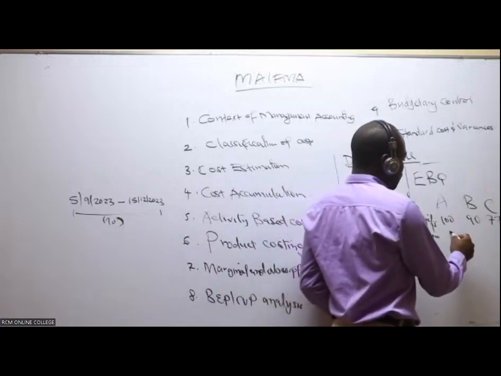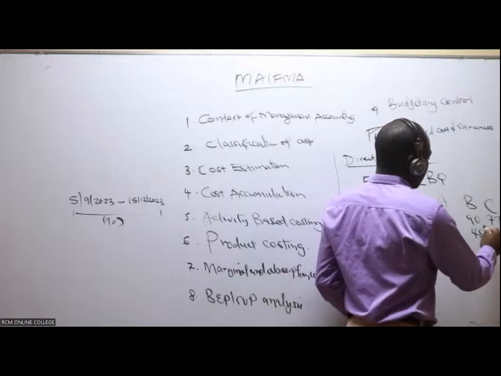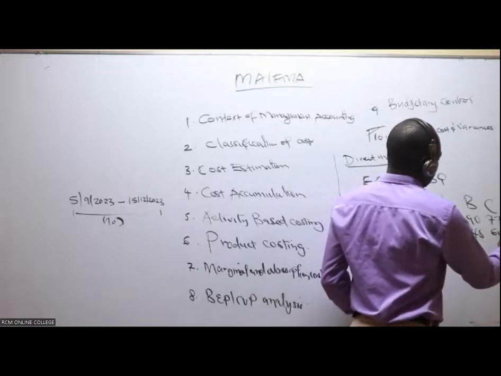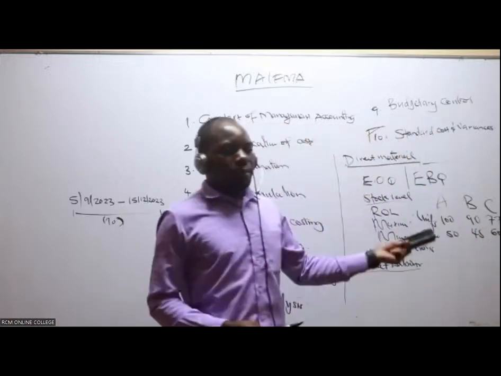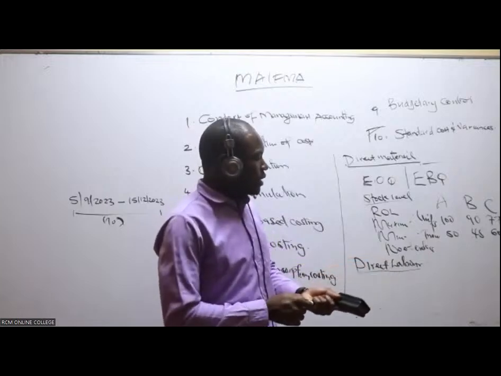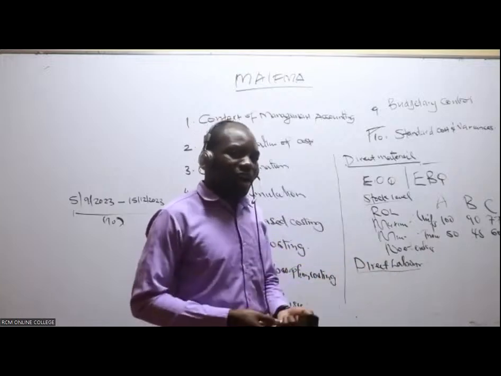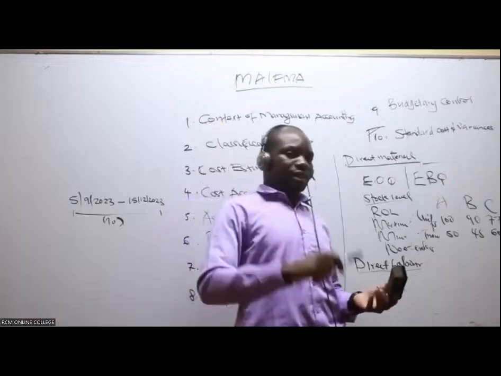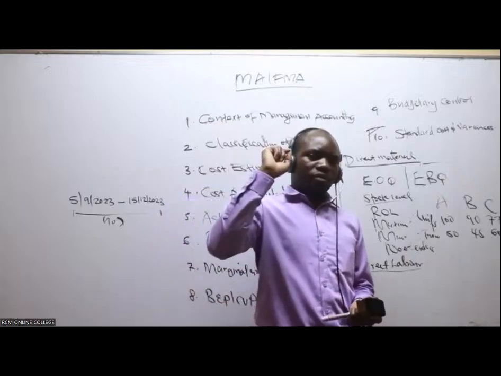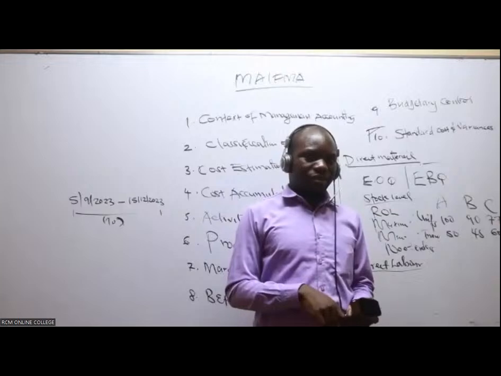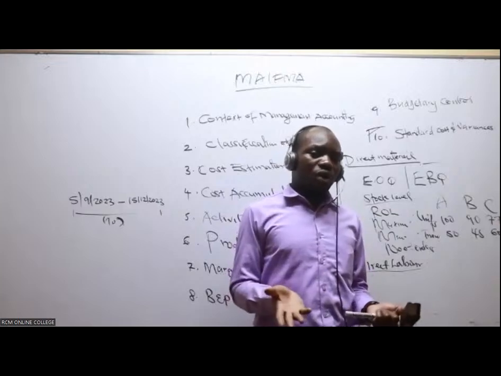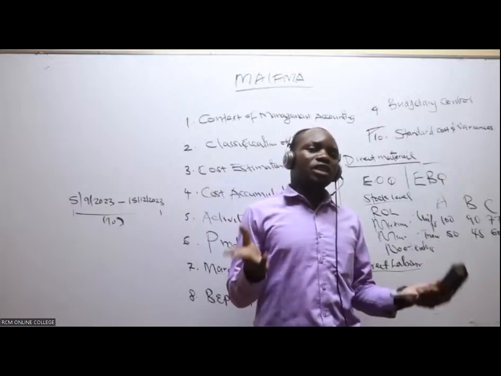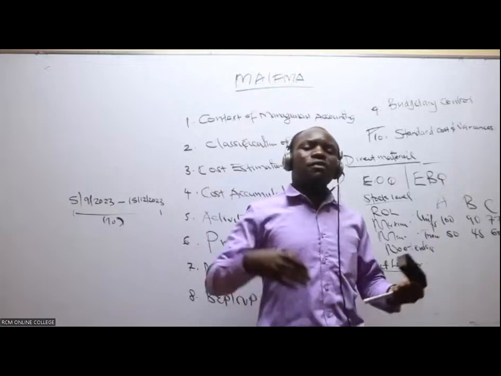Somebody worked for 50 hours, 45 hours, 60. Then, from that point, you'll be able to understand that the time allowed for them to work is 40 hours. But somebody worked for 45 hours. Time allowed to work is 40 hours.